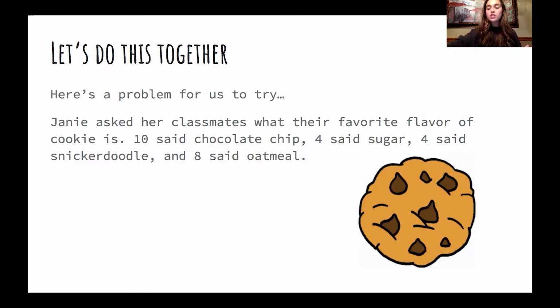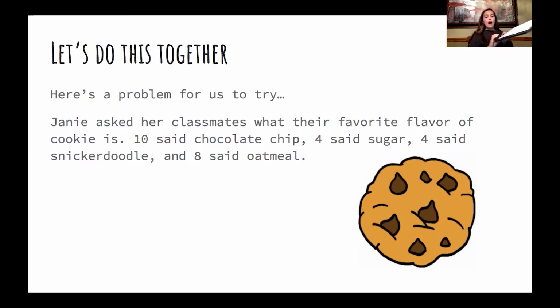And now what I would like to do is just to label our X and Y axis. So on the X axis, which is this one down here, I'm going to write cookie flavors.